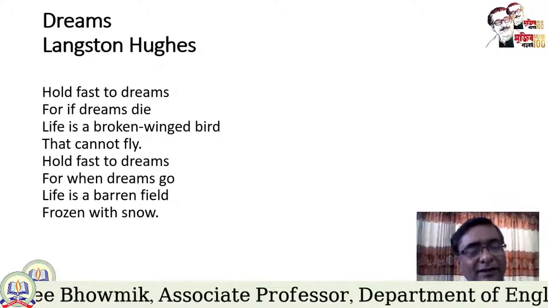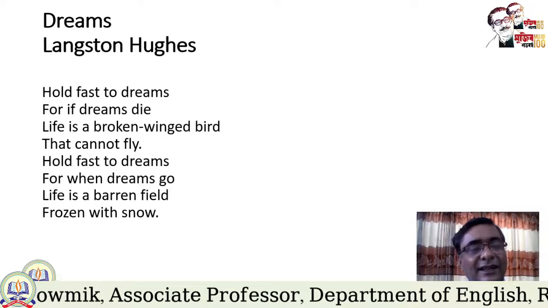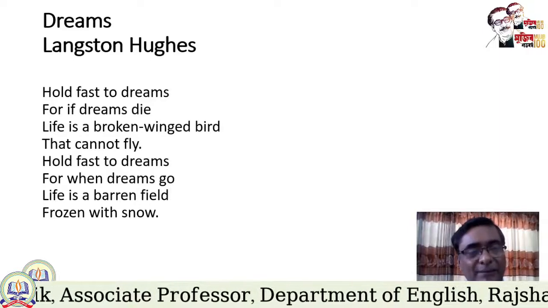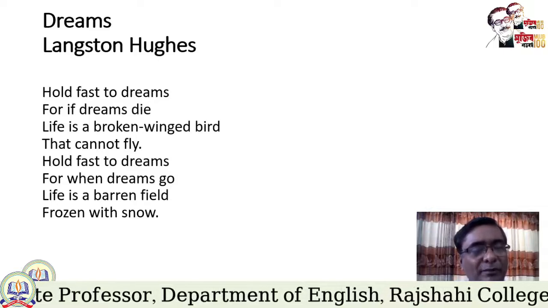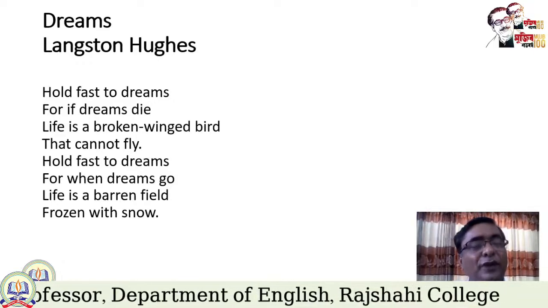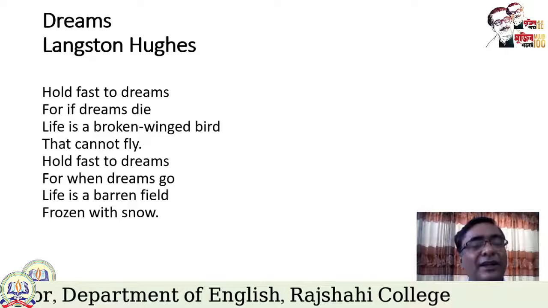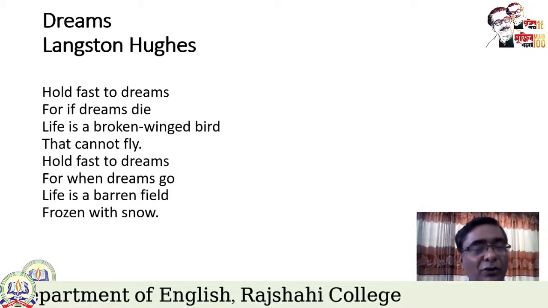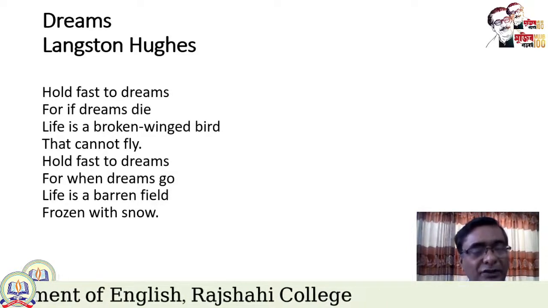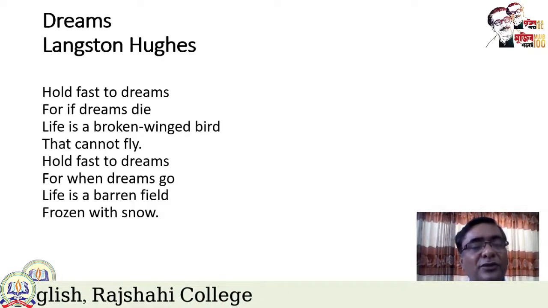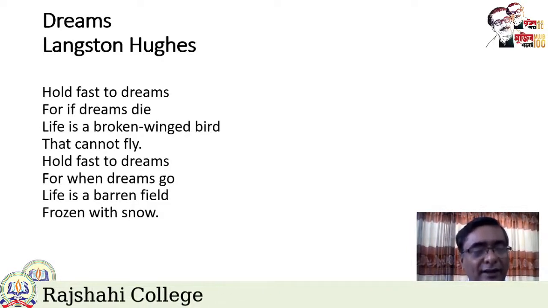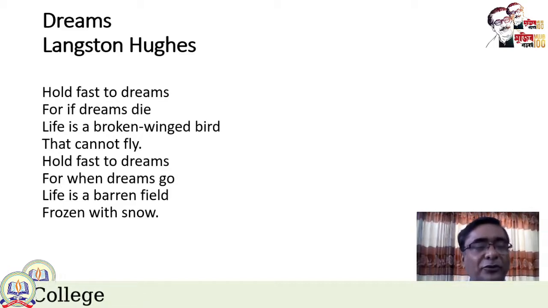So if the bird cannot fly, then its life becomes meaningless. So a person's life without dream is comparable to a bird who has lost its wings. That is basically the comparison.